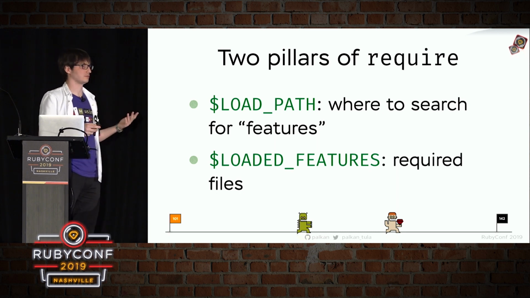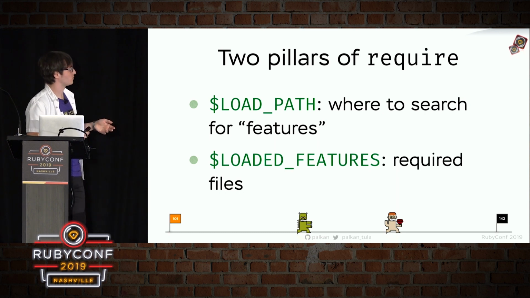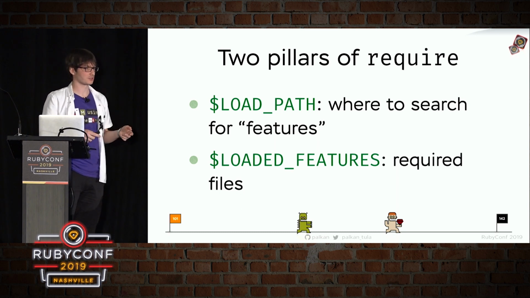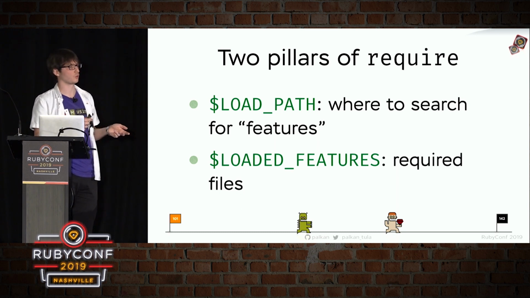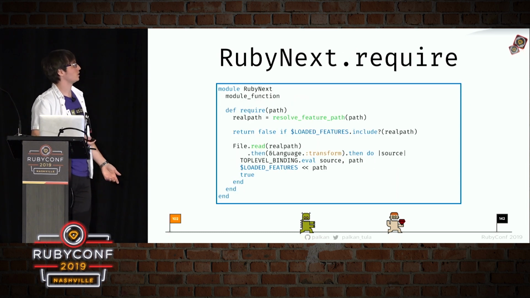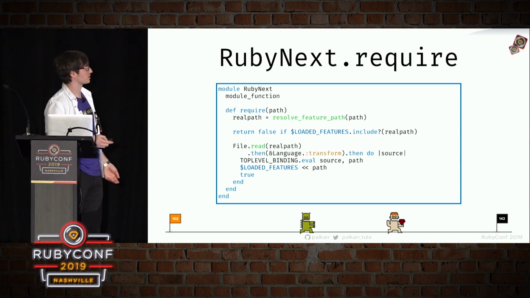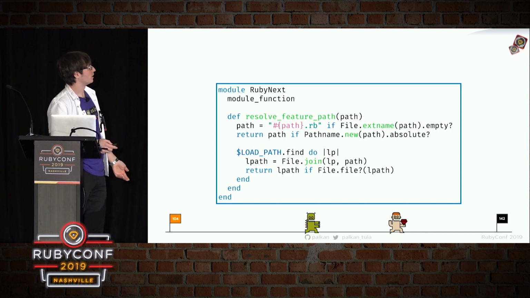Loaded features is an array of all loaded Ruby and shared extension files, the absolute paths. It's used to check whether we already loaded this feature or not, to make require work only once if you call it multiple times. And that's the way we can re-implement it in Ruby, and actually what we do in RubyNext runtime mode. So first we need to resolve the feature path.